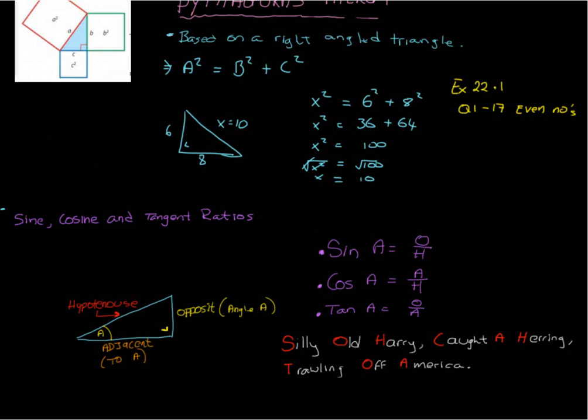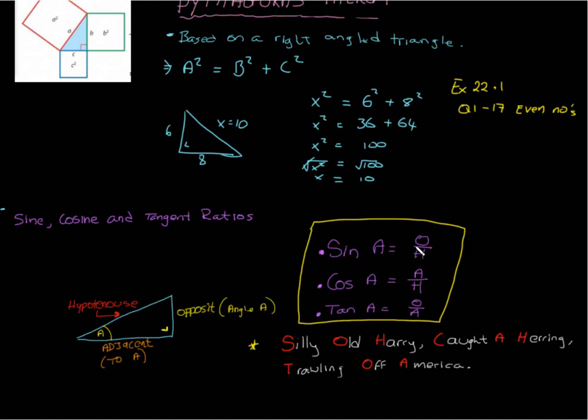This here, it is important to remember this off and learn this off. But an easy way to allow us to remember that here is a little rhyme down here. So we have a rhyme which in red here, the first letter represents each of your ratios here. So you have silly old Harry for sine.